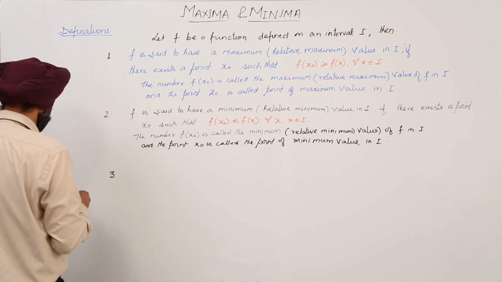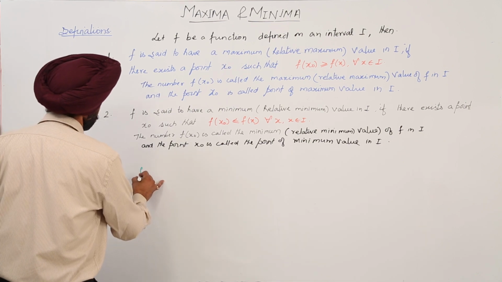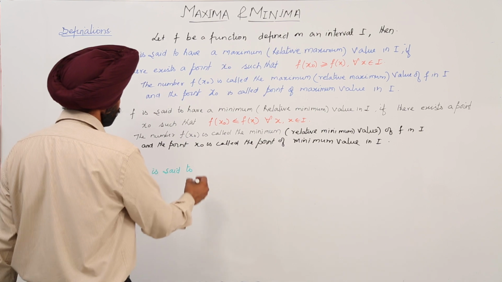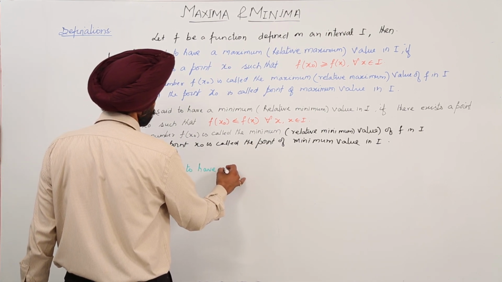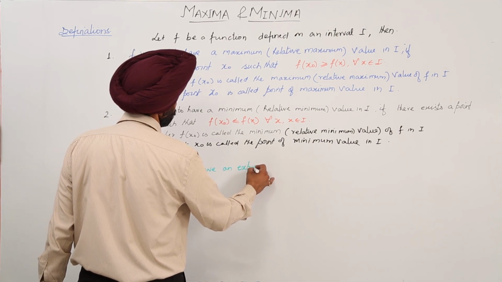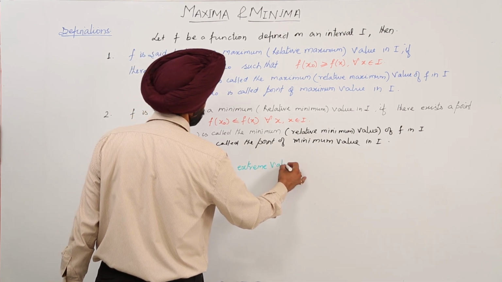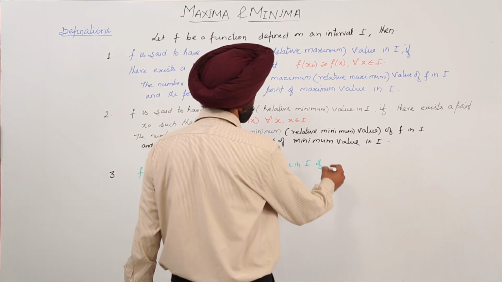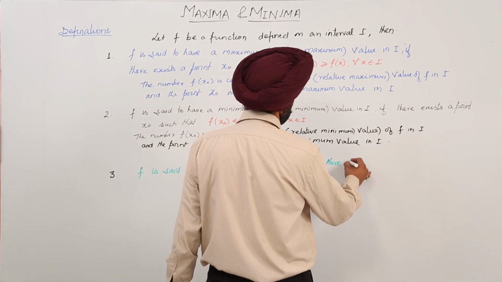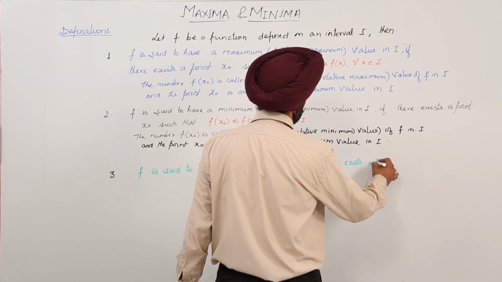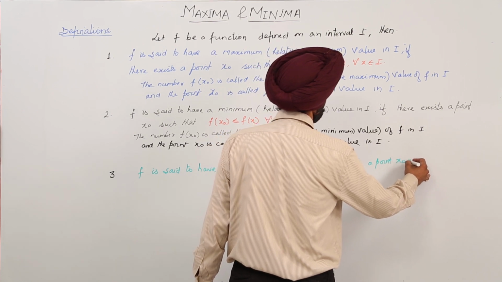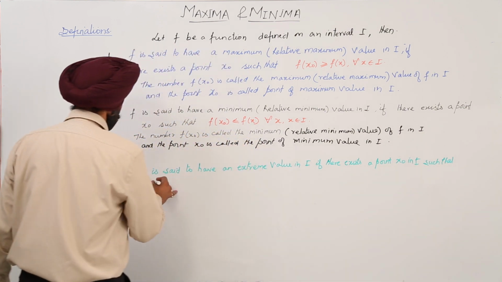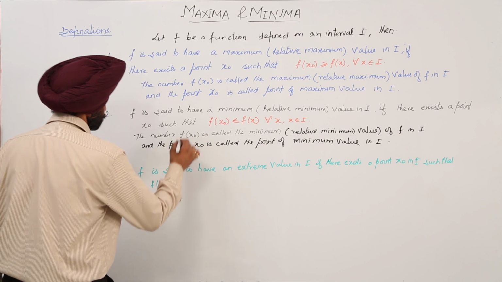Now going for the third one. What does the third point say? f is said to have an extreme value in I if there exists a point x0 in I such that f(x0) is... Now what happened?